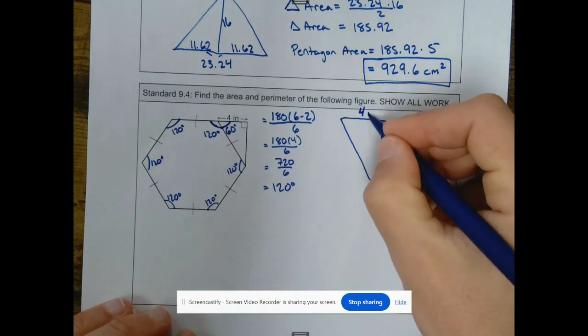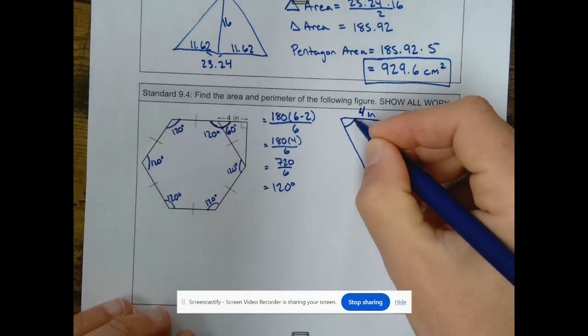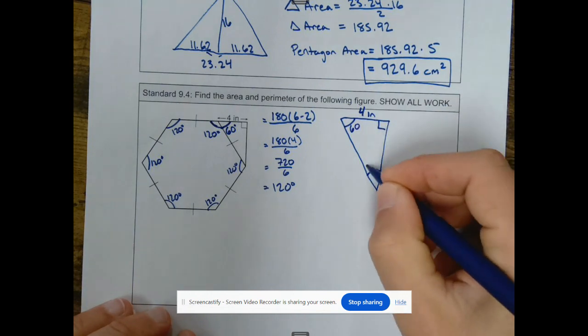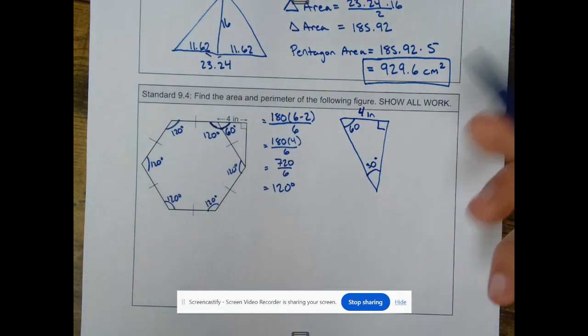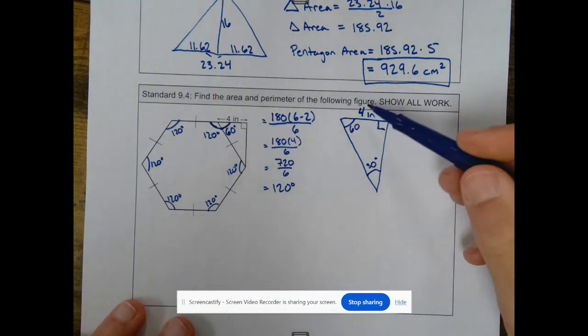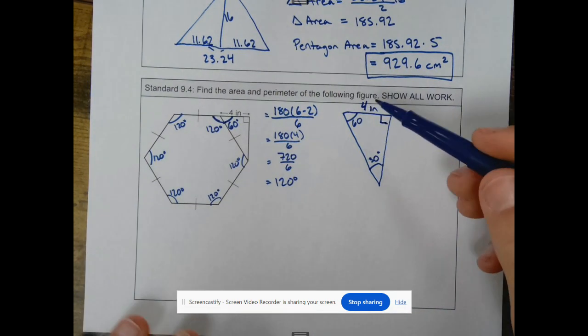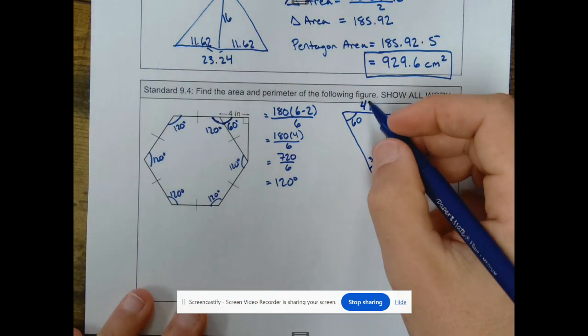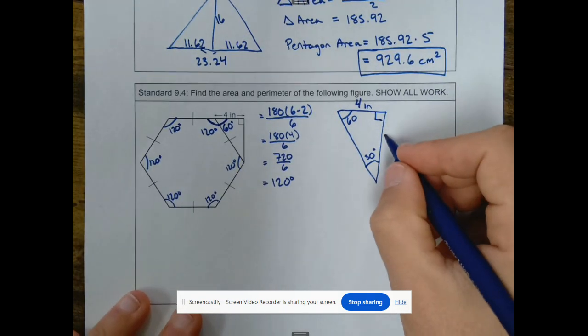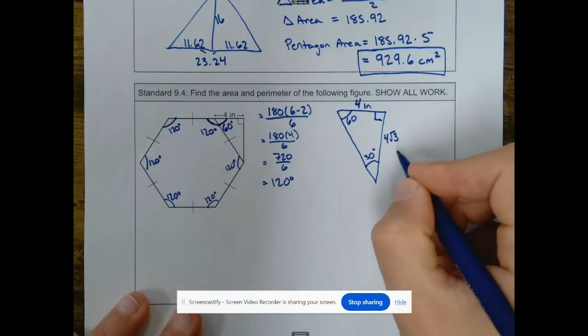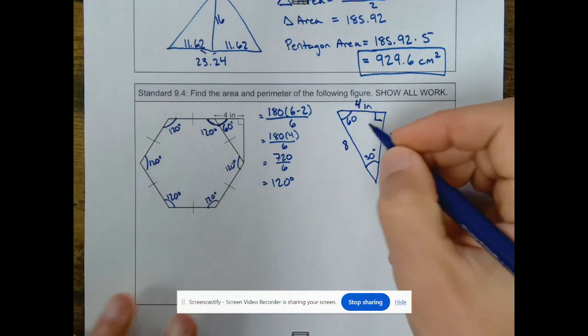4 inches. I know this is 60, which means this must be 30. Look, a 30-60-90 triangle. My short leg is 4. So that must mean what? Fill in the other sides from your special pattern. This side is 4 times the square root of 3, and this side is 8.